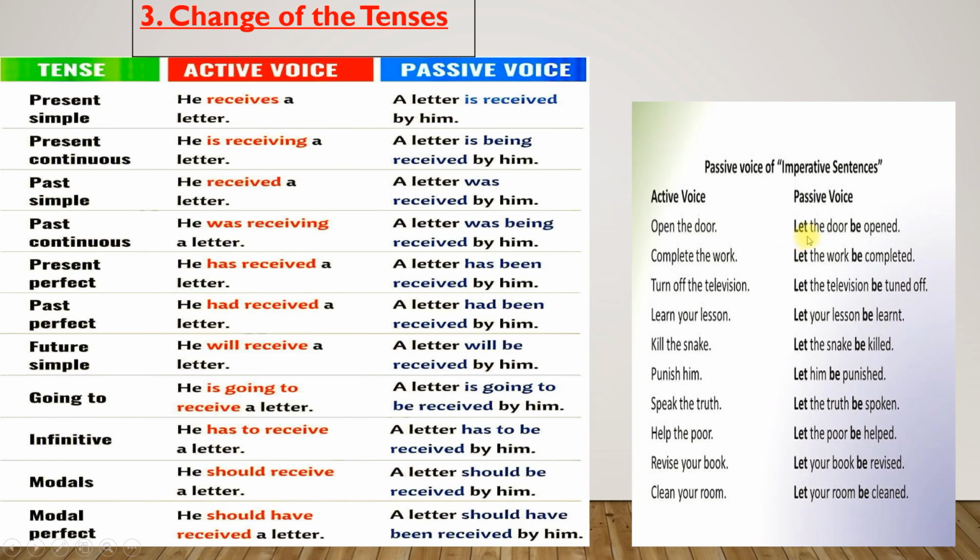So we have to use, let the door be opened. Complete the work. Let the work be completed. Turn off the television. Let the television be turned off. Learn your lesson. Let your lesson be learnt. Kill the snake. Let the snake be killed. So all these imperative sentences in passive voice should start with let. Okay, so we have to use these kinds of imperative sentences and get full marks, my dear friends.